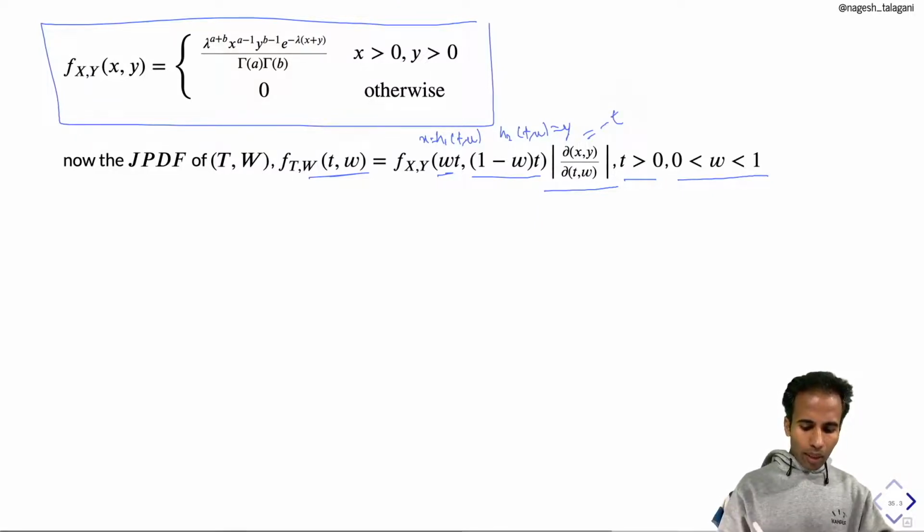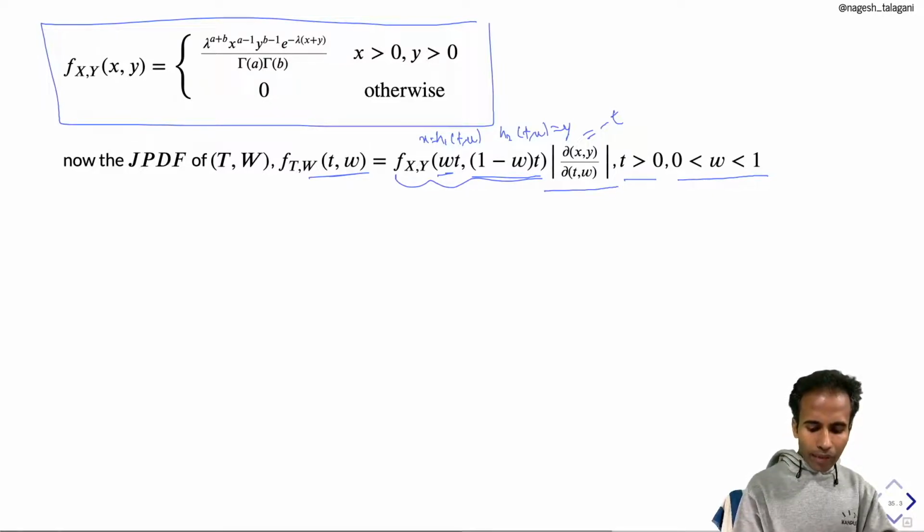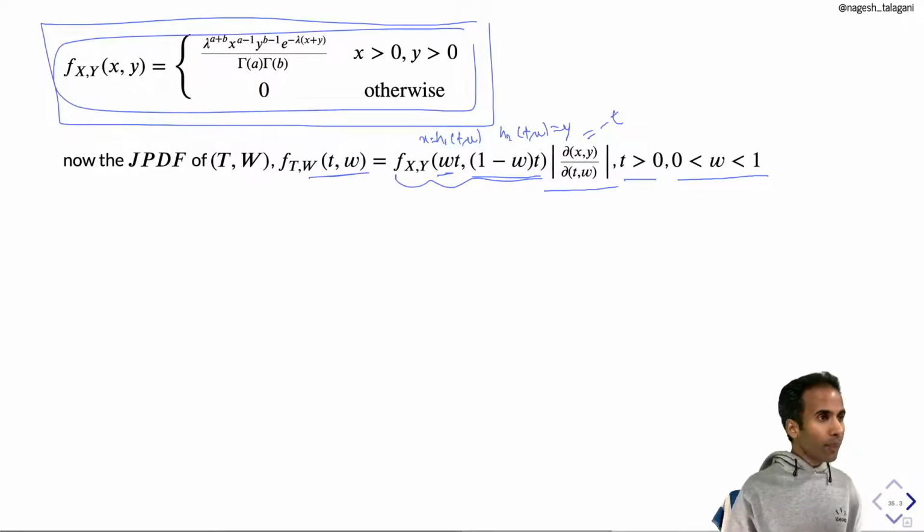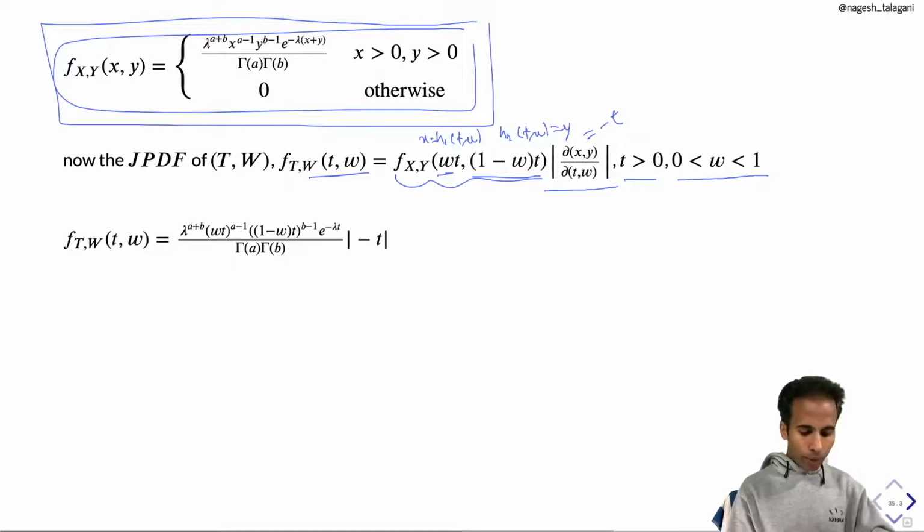Now to get this f_XY(wt, (1 minus w) times t), let us simply substitute wt for x and (1 minus w) times t for y in the joint PDF of X, Y. Let's do that here.